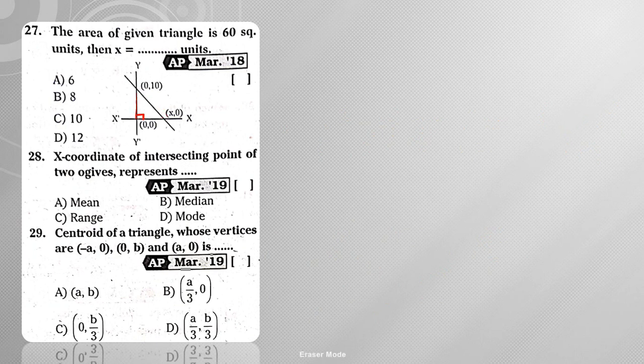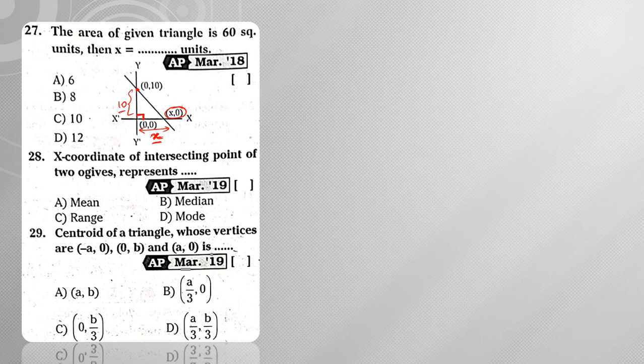Now if you observe, this length is called the x-intercept and this length is nothing but x, because here the point is x comma 0. From the origin, if you consider, this length is x. Next, this particular point is 0 comma 10, that means this length is the y coordinate, which is nothing but 10. Okay, so here if you observe, height is 10 and base is x.